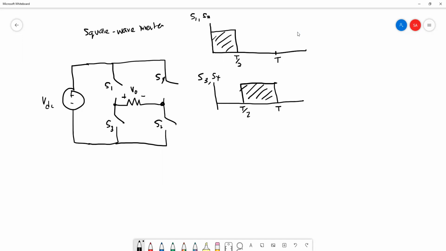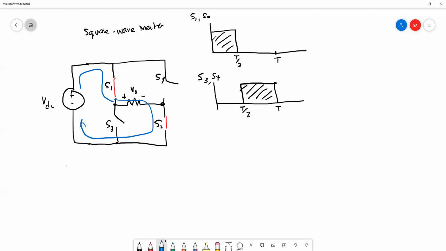If S1 and S2 are turned on, the current will flow from this one to the load and go back to the source.